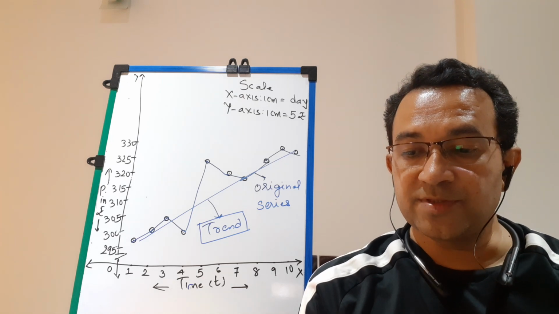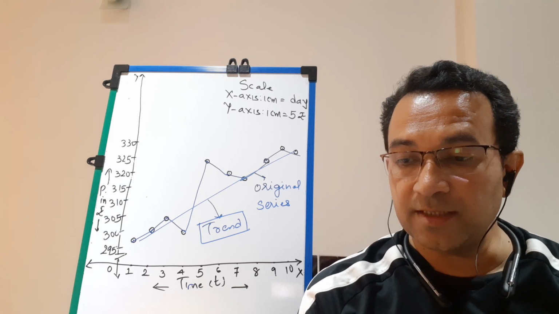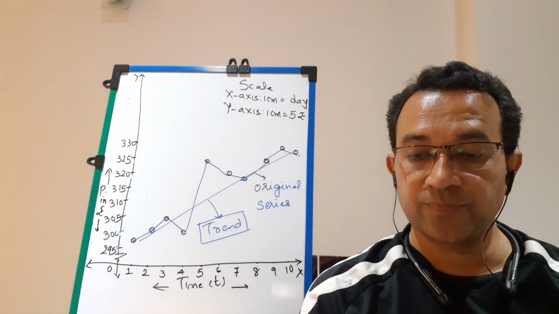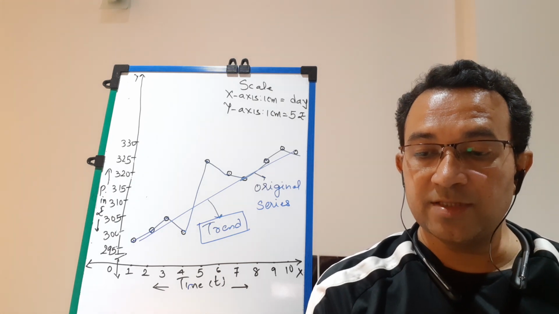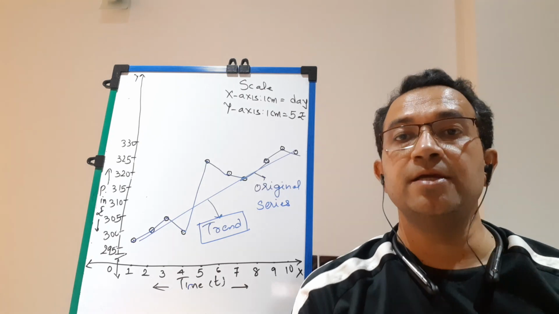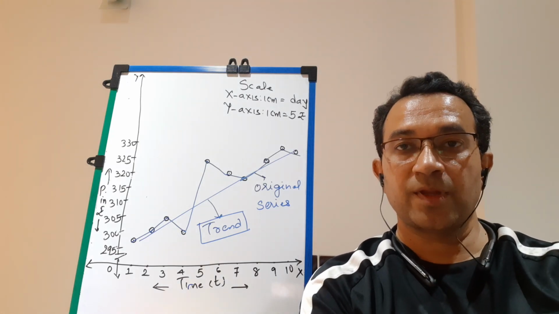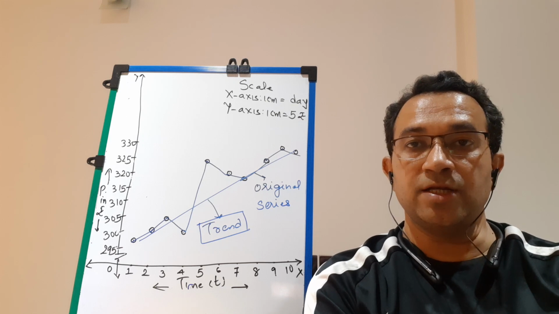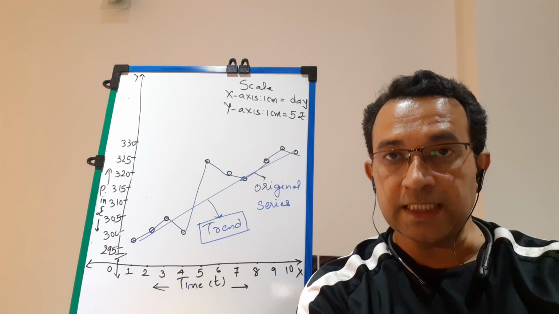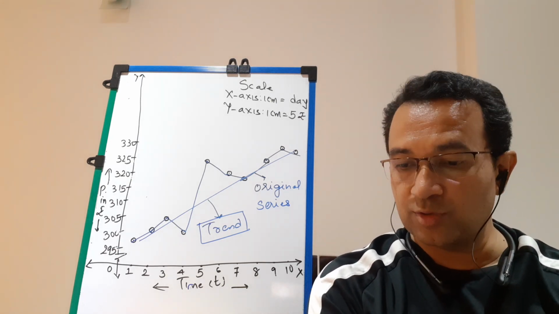The following time series shows the daily production of a factory. Find the trend using graphical method. So the first point you should write in your fair book or notebook: the given values of time period T and the corresponding values of YT are as below.